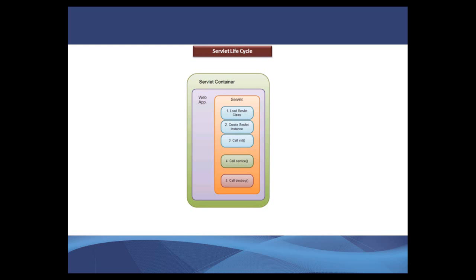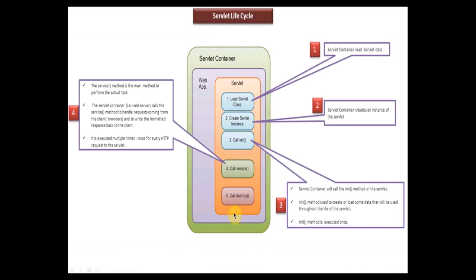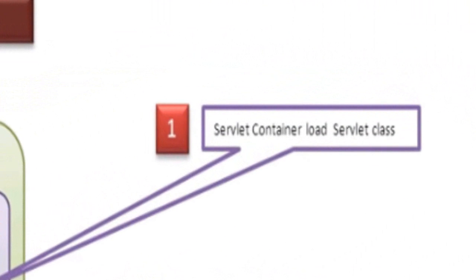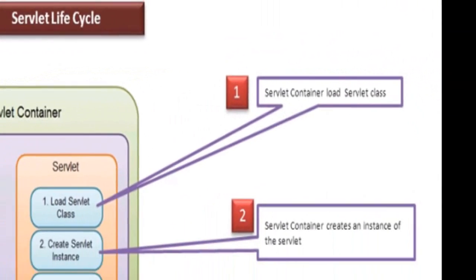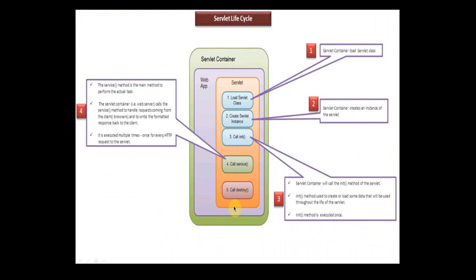Say one HTTP request comes to the servlet container. First, the container will load the servlet class. This is the first step. Once it has loaded the servlet class, it will create an instance of that servlet class, basically the servlet object. Then it will call the init method of this servlet.